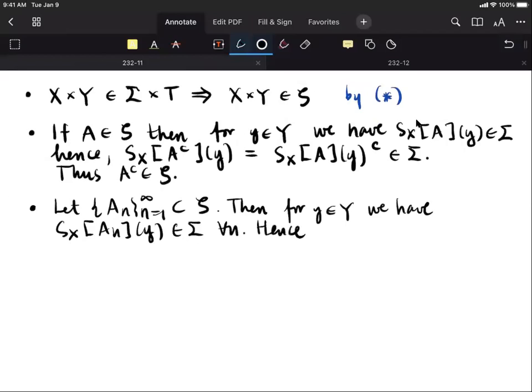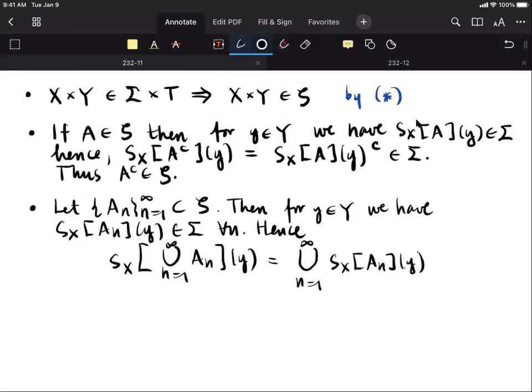Hence, again by double set inclusion, you can easily see that the section of the union at y is nothing but the union of the sections. Since sigma is a sigma algebra, this is also in sigma. Thus, the union is also in S.